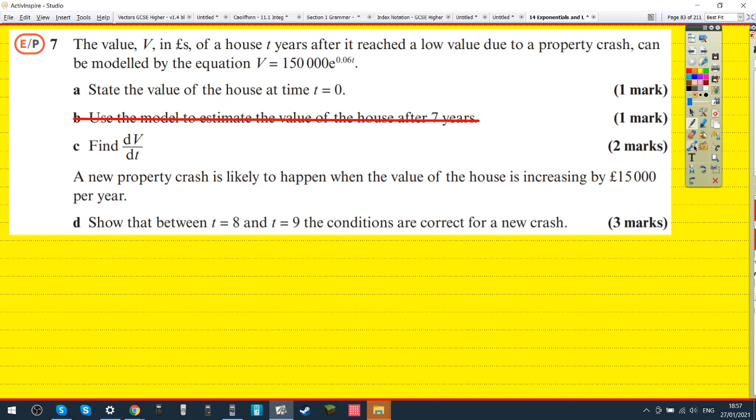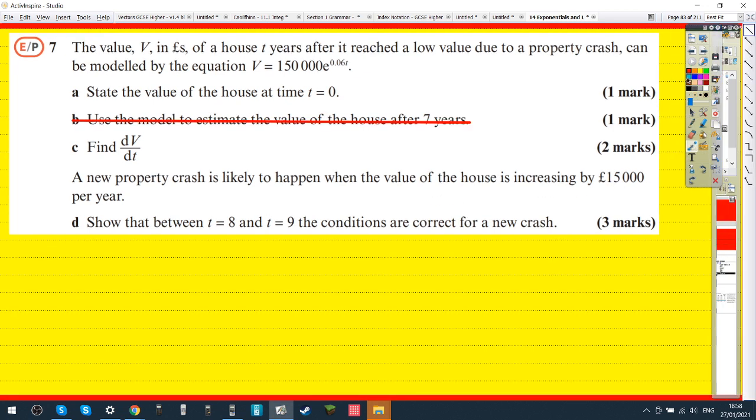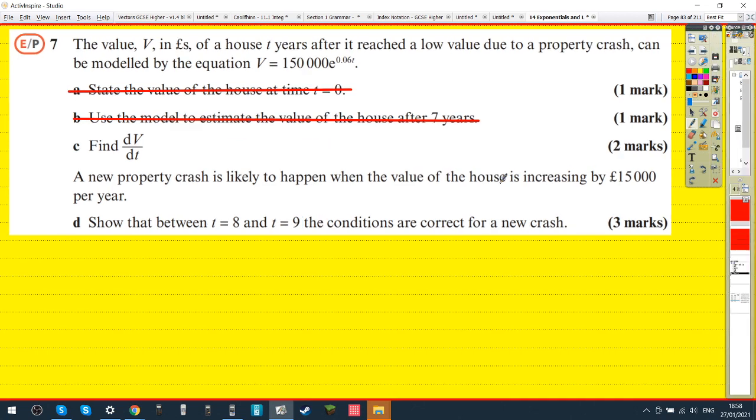Sorry. Question C. 0.06v. Yeah. So that's 0.06v. And then how do we do d? So 0.06v becomes 0.06 times 8. V isn't 8, t is 8.